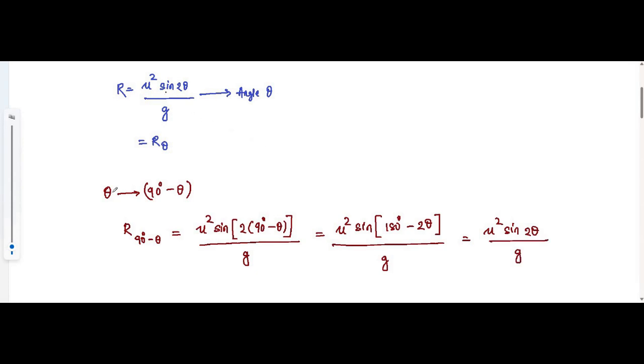So this is also u square sine 2 theta by g, and this is also u square sine 2 theta by g. The horizontal range for projection angle theta is equal to the horizontal range for projection angle 90 degree minus theta. So the first part of the question we have proved mathematically.